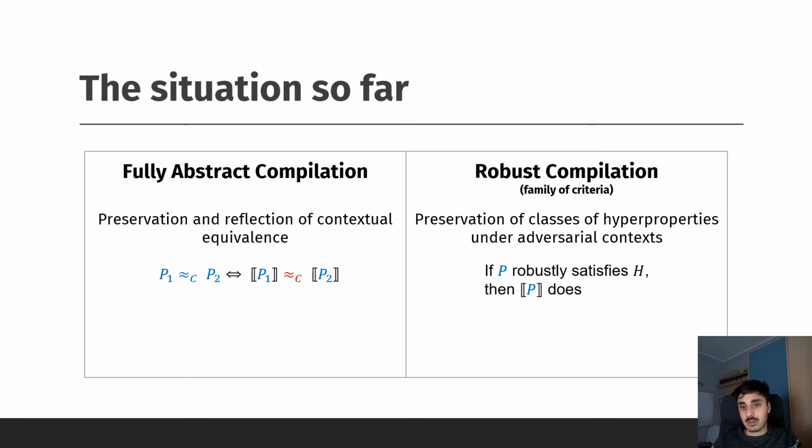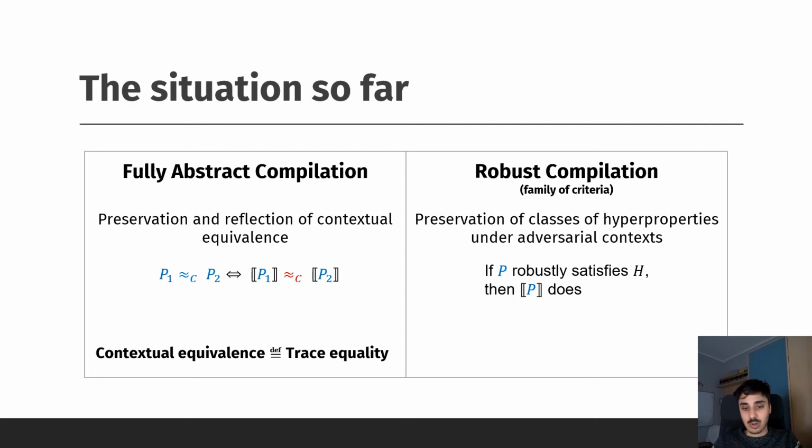On the other hand, robust compilation focuses on the robust satisfaction of hyperproperties that, as we know, are sets of traces. So for any comparison to be possible, we chose to pick contextual equivalence to be trace equality, which is a possible choice, but we leave different choices as future work.